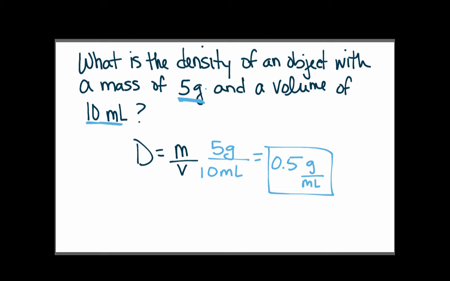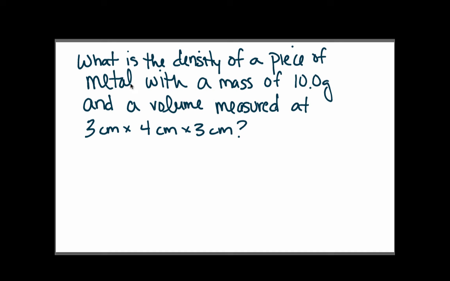Second question, what is the density of a piece of metal with a mass of 10 grams and a volume measured at 3 centimeters by 4 centimeters by 3 centimeters? So this doesn't give me a final volume. I have to calculate it. So if you think back to that little rectangle, you could think of this now as a piece of metal.